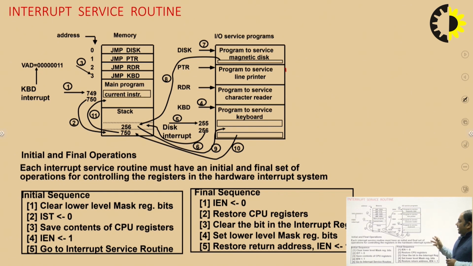From that, we come to that address, then come again to the memory and initialize the stack address. Then we store the last address, which is 750, and then we execute that instruction on which the interrupt occurred.